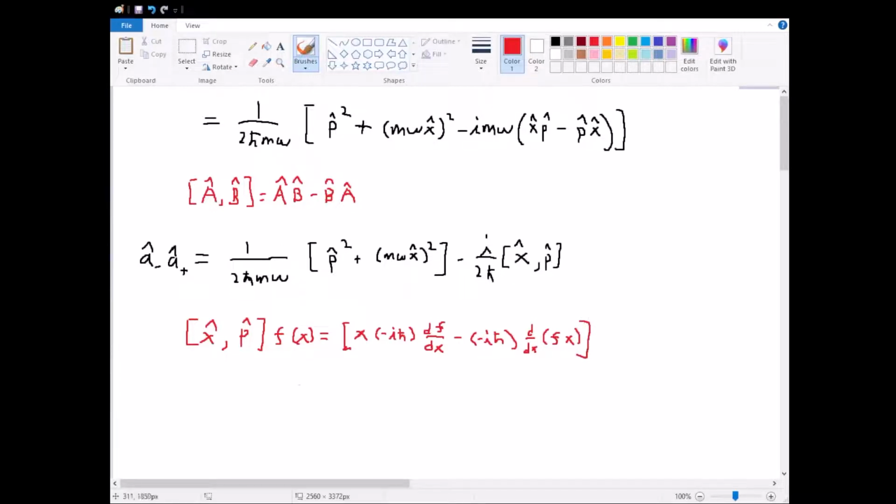If we use the product rule, then we have negative i h bar x times f prime, and then plus i h bar times f prime x plus f.